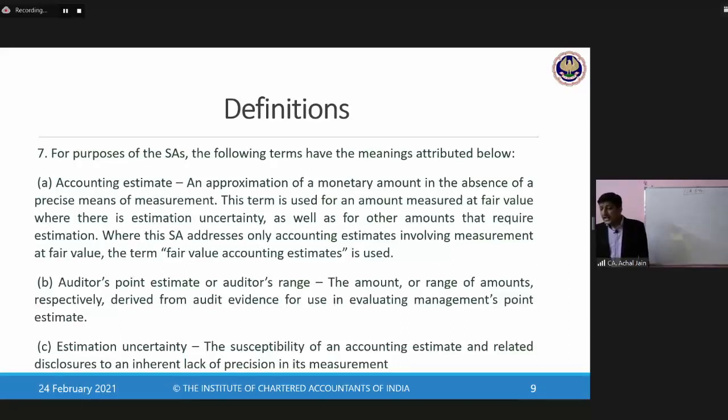Where this standard addresses only accounting estimates involving measurement at fair value, the term fair value accounting estimates is used. So let's try to understand accounting estimates first of all, before we move on to our further discussion in relation to the audit procedures which need to be performed around these items. So what are accounting estimates?